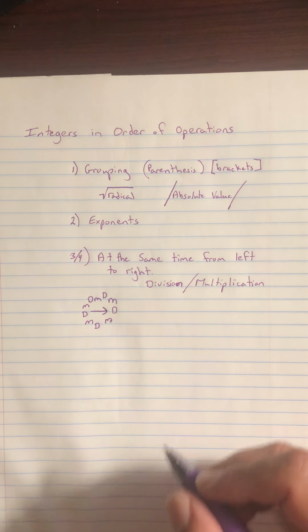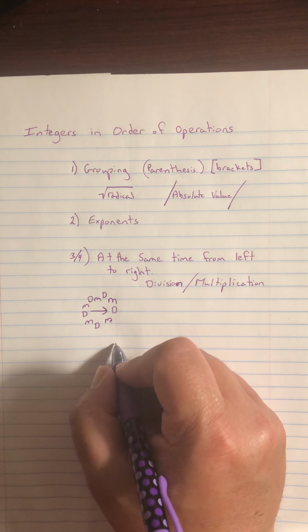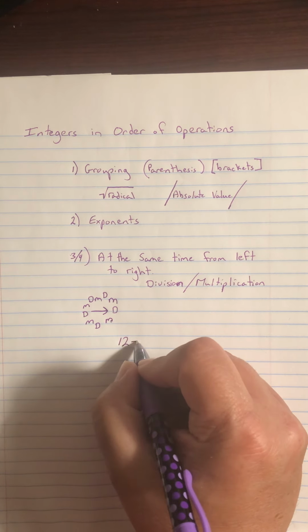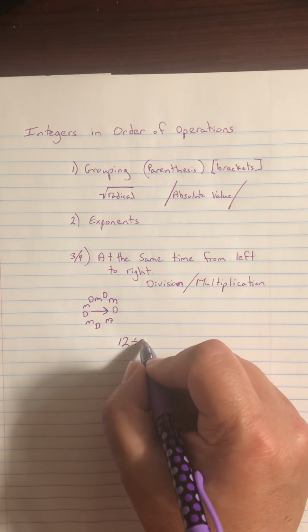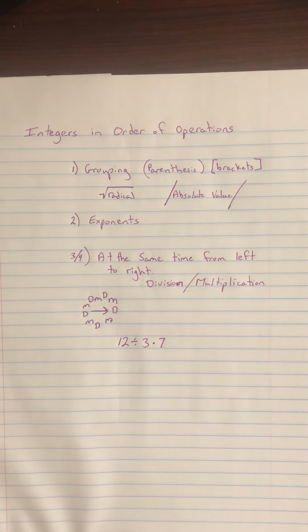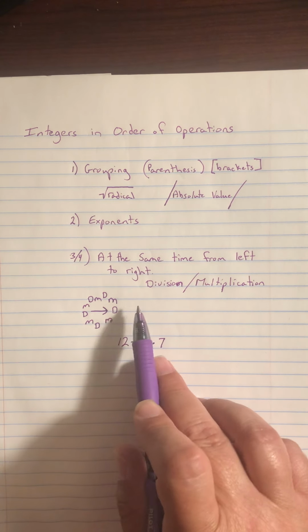To show you an example with just normal whole numbers, if I give you a problem that looks like this, 12 divided by 3 times 7. Do not fall for the PEMDAS trick. People will say PEMDAS, and they think that multiplication has to come first, and it does not. It's at the same time, from left to right.